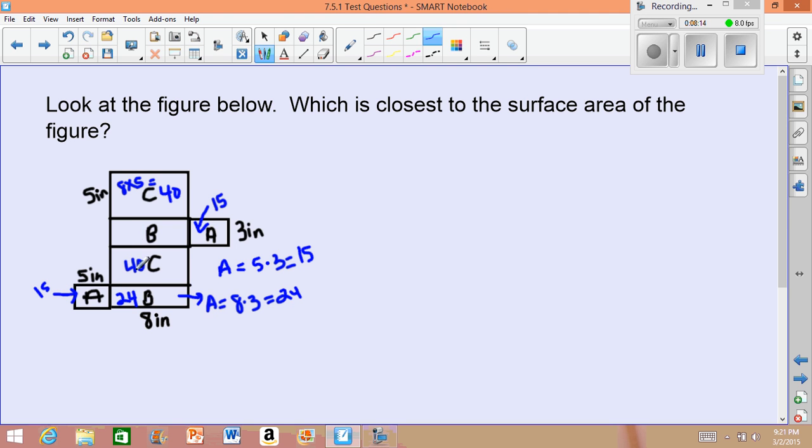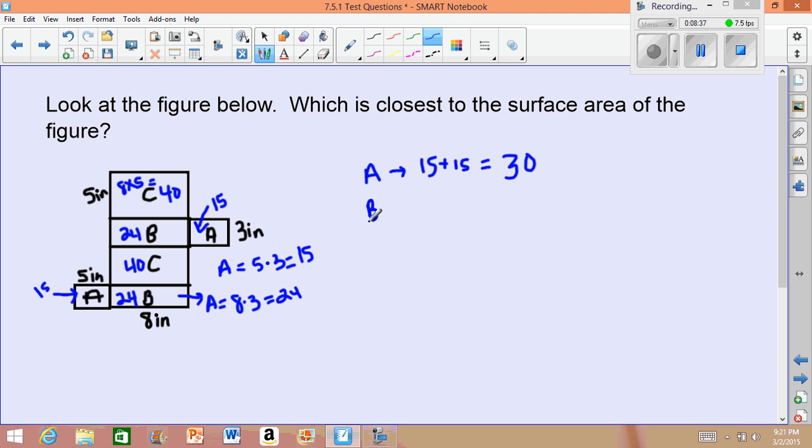So we were asked to find the surface area of this figure. So now all we have to do is add them up. So if I have my A's, that was 15 plus 15 for a total of 30 for my rectangle A's.